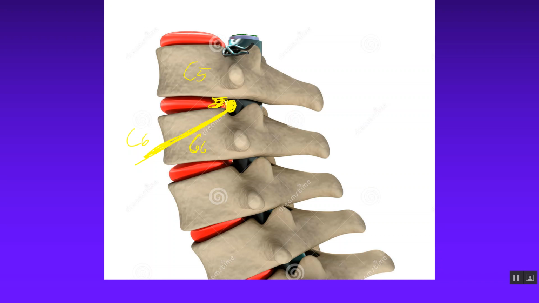However, if you're in the lumbar spine, these are lumbar now. This is L1, L2. These come out below their respective vertebral level. This is an L1 nerve root coming out below.